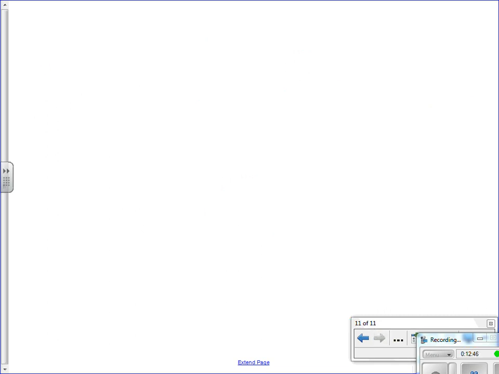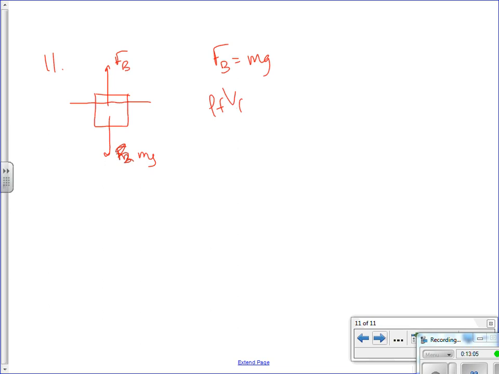11. Cube. 80%. Mass of the cube. FB, MG, rho fluid, V fluid, G. We want the mass of the object.